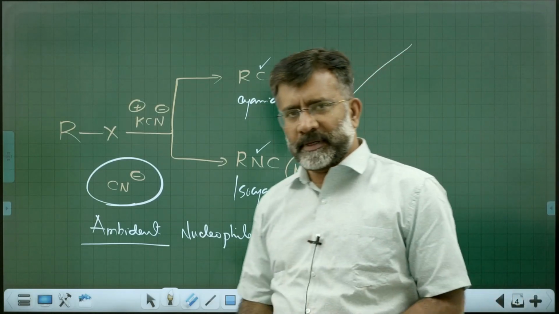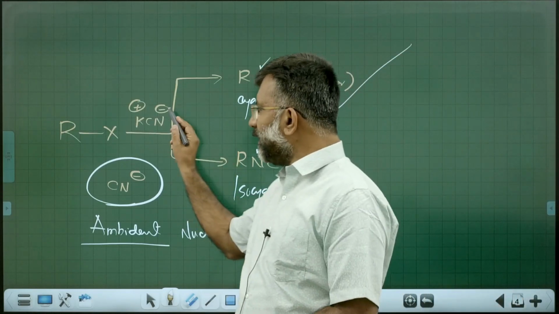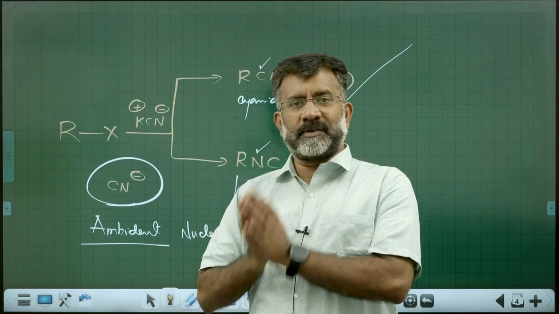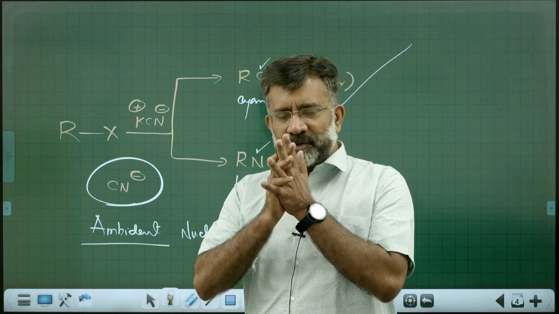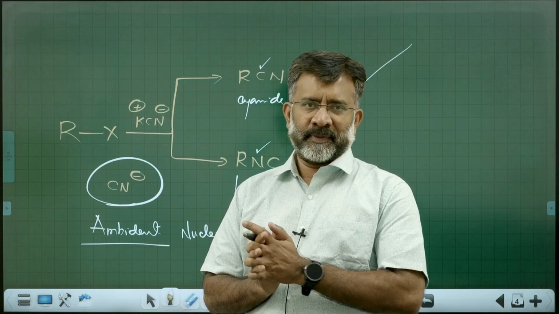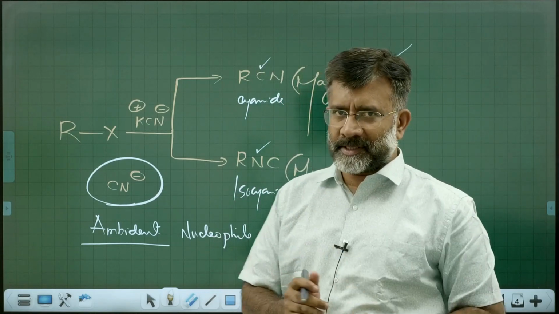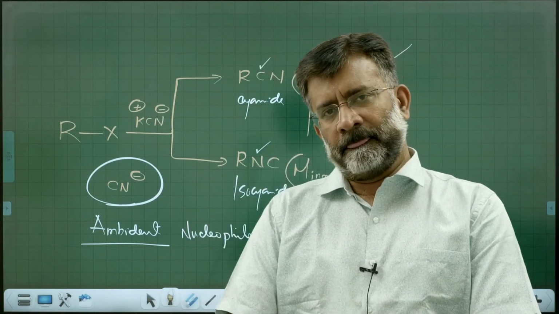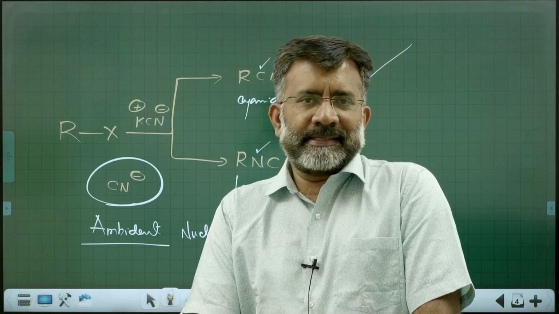Why is that a major product? That's in fact an important question from this chapter. Why when you use KCN are you getting RCN as major product? That's an important question. The answer is because KCN is ionic.